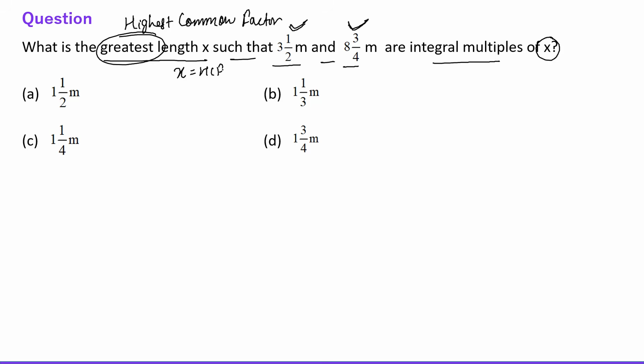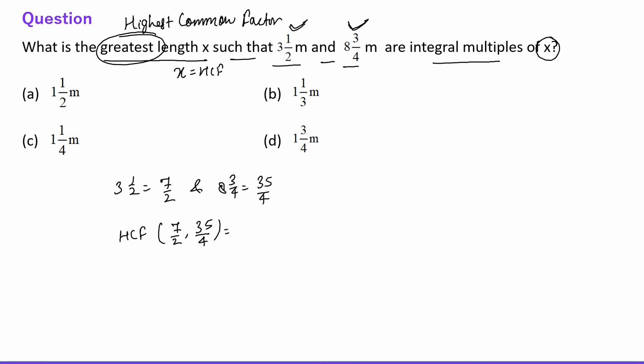Okay. Now HCF of fractions. These two numbers are fractions. 3 1 by 2 is 7 by 2. And 8 3 by 4 is 35 by 4. We need to find the HCF of these two numbers. So HCF of 7 by 2 and 35 by 4.